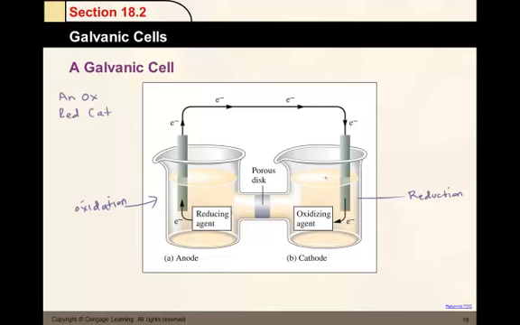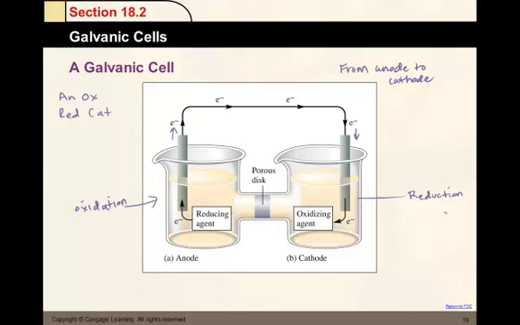In any case, the reaction always moves from anode to cathode. Because remember, oxidation is losing electrons. So if this one loses electrons, it can give them to something that would like to gain electrons, which is being reduced.